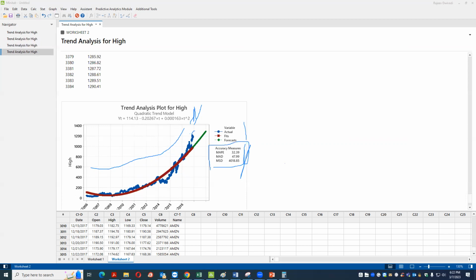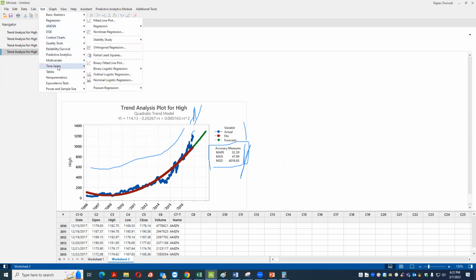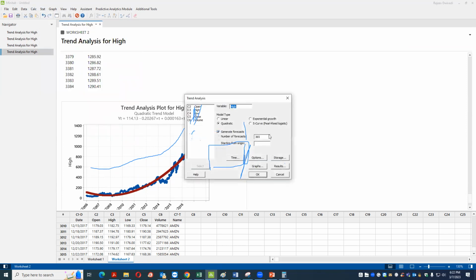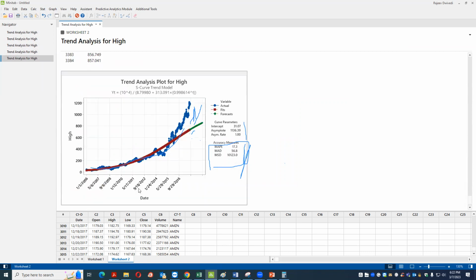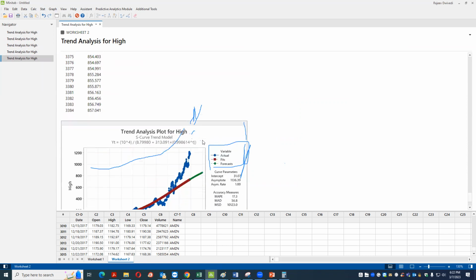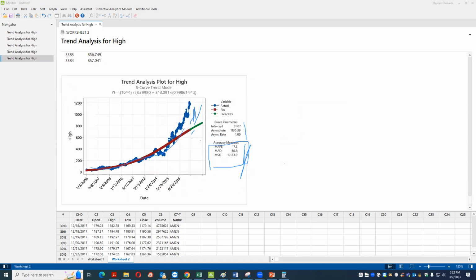Now let me do the fourth one so that we can compare all of them. Stat, time series, and S curve. By eyes, you can clearly say which is which.